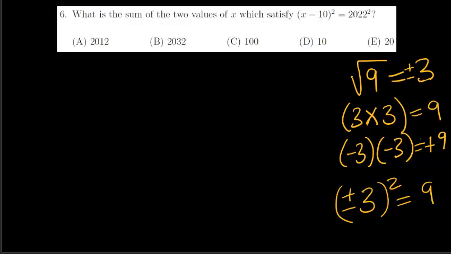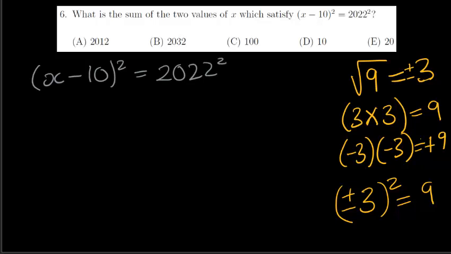So the same principle is what's going to apply to this. What we're starting out with is (x - 10) squared is equal to 2022 squared.